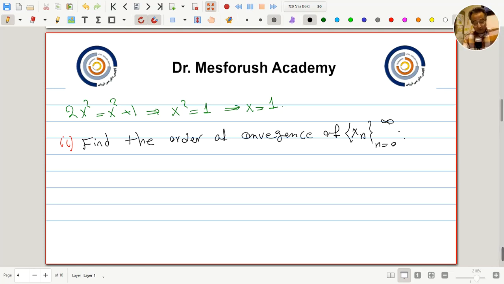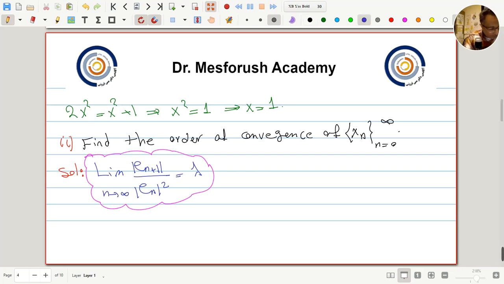To solve some problems, you have to construct this expression: the absolute value of e_{n+1} over e_n squared equal to lambda when n goes to infinity. We have to construct this one.